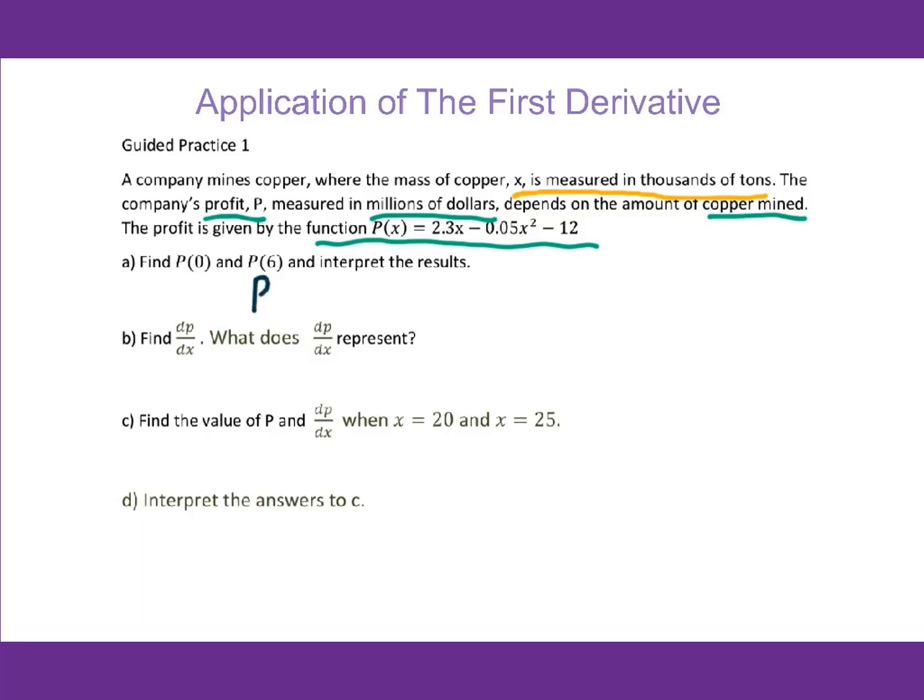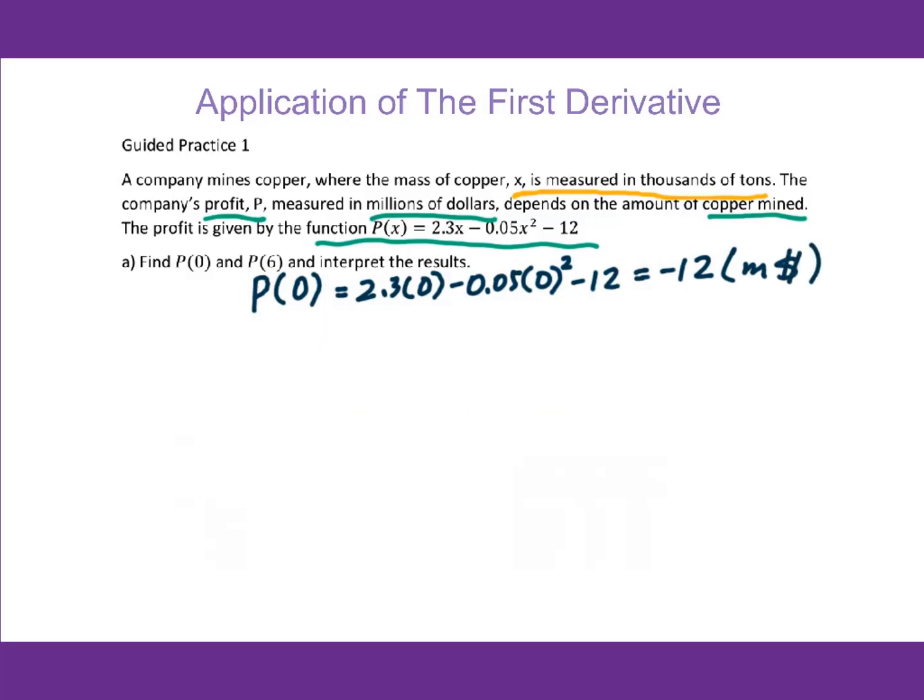So we have P of 0 equals, we plug in 0, 2.3 times 0 minus 0.05 times 0 squared minus 12 equals negative 12. The unit is $1 million. Then P of 6 equals 2.3 times 6 minus 0.05 times 6 squared minus 12.